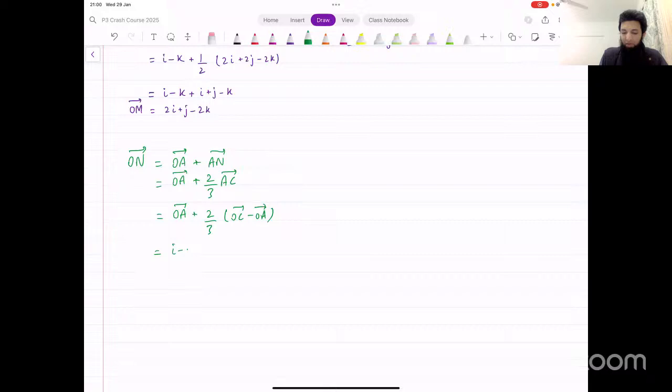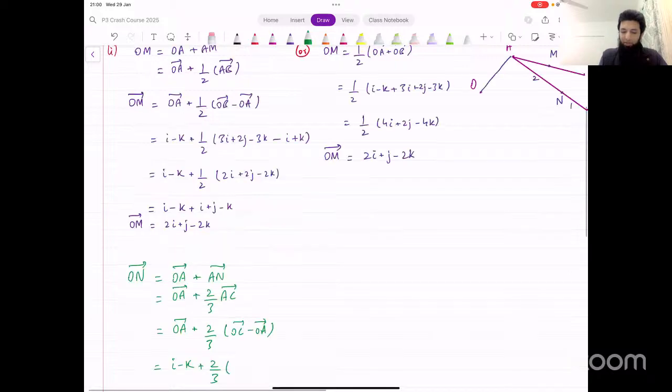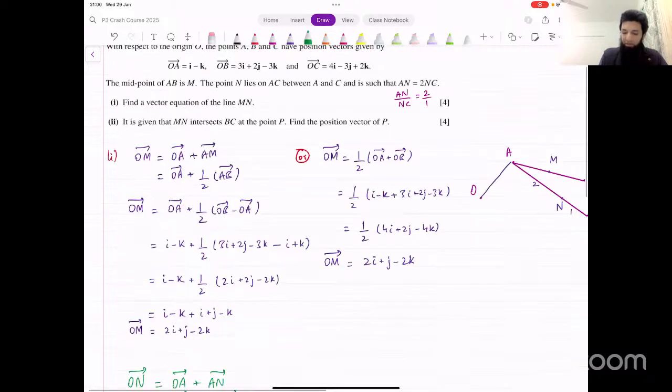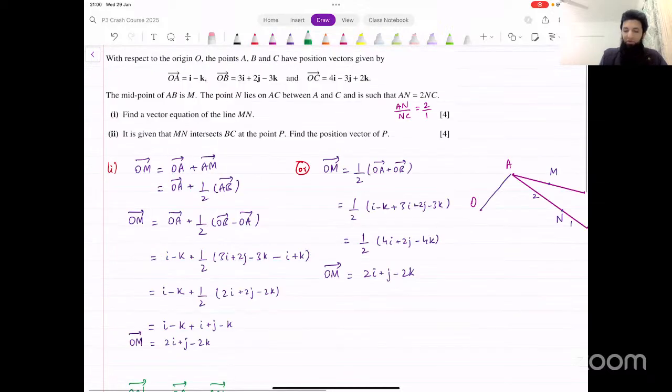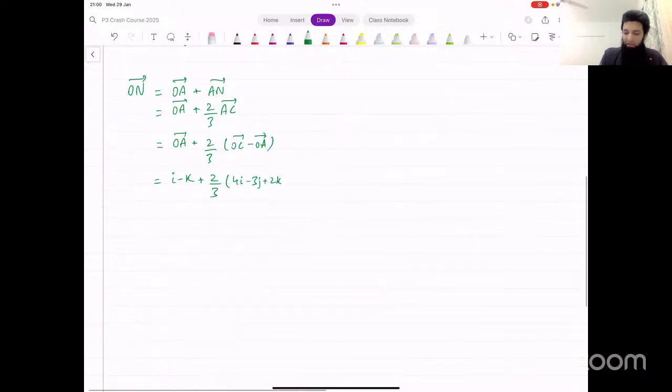OA is i minus k. Let's input that here. Plus 2 over 3 times OC minus OA. OC is 4i minus 3j plus 2k. Subtract from that OA, which is minus i plus k.